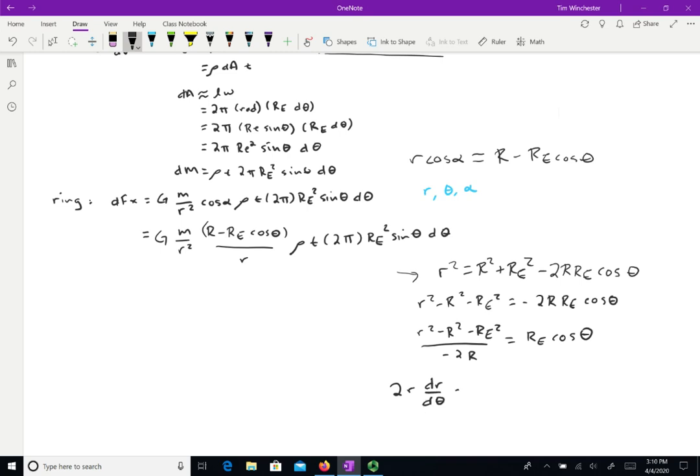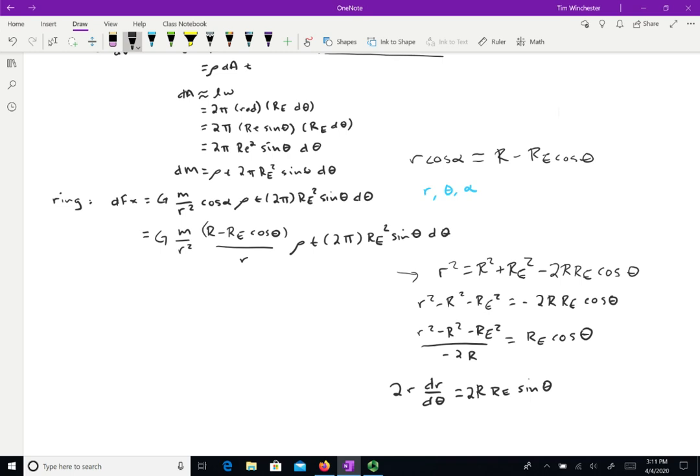Okay, and then on the right-hand side, the derivative of a constant is 0, so those first two terms go away, and I'm going to get 2 r R_E sine theta. Where did the minus sign go? Well, when I take the derivative of cosine, I get negative sine, and I already had a negative, so those cancel out. Okay, that's fine, but now I have this dr d theta.